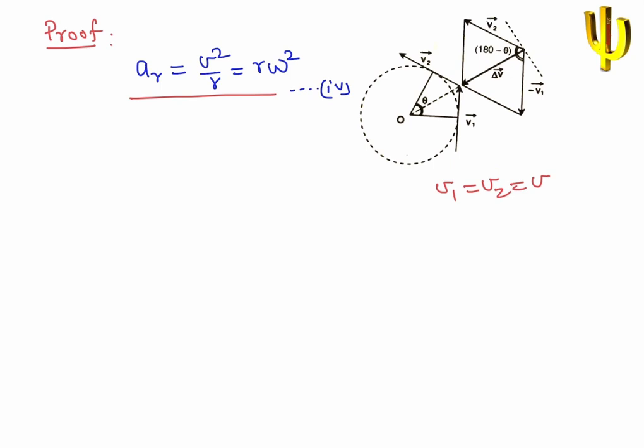Only variation is in the direction of the motion of the particle. And let us consider that after time t, the particle suffers an angular displacement theta.